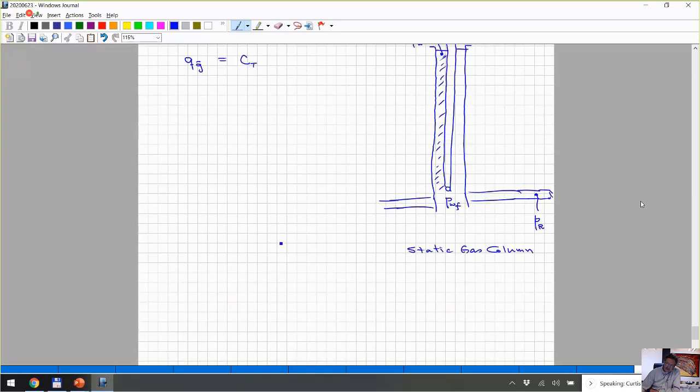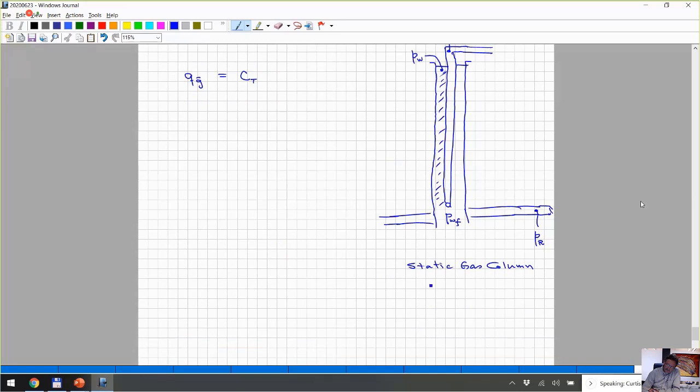what you'll find is that, let's say dP/d depth is just the density of gas times the gravitational force.